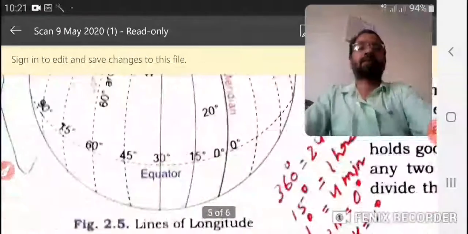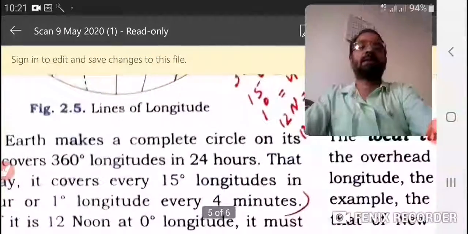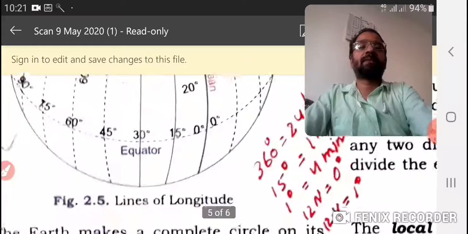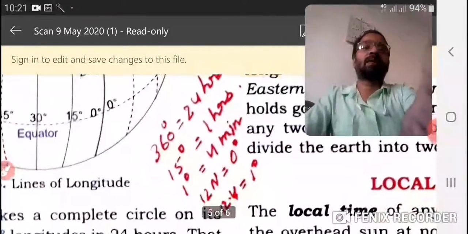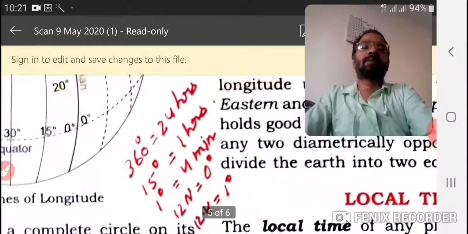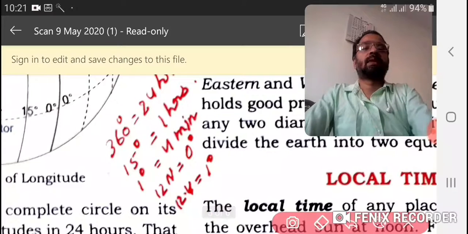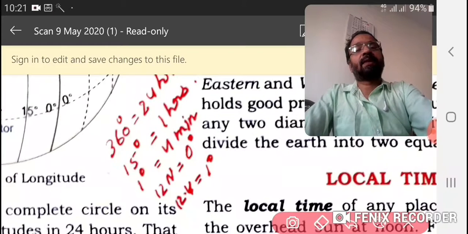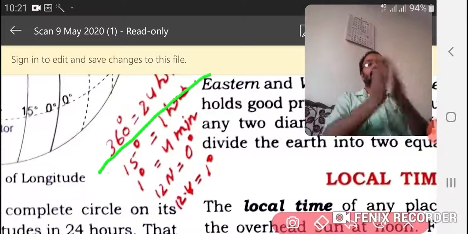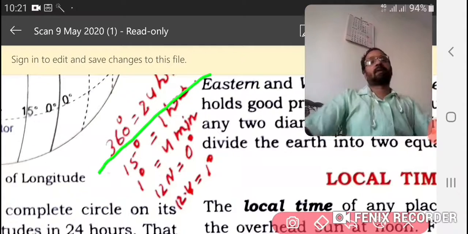Now the difference we have to understand: here 360 degrees, when the sun is revolving while rotating.